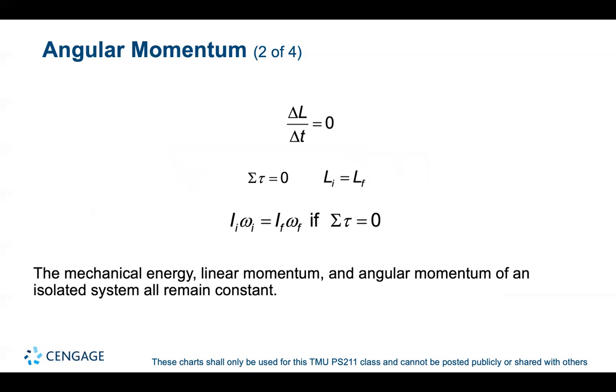When the net external torque acting on a system is 0, we get delta L over delta t equals 0, which says that the time rate of change of the system's angular momentum is 0. Let Li and Lf be the angular momentum of a system at 2 different times, and suppose there is no net external torque, so that the sum of the torques is 0. That means that the initial and final angular momentum are equal, and angular momentum is said to be conserved.